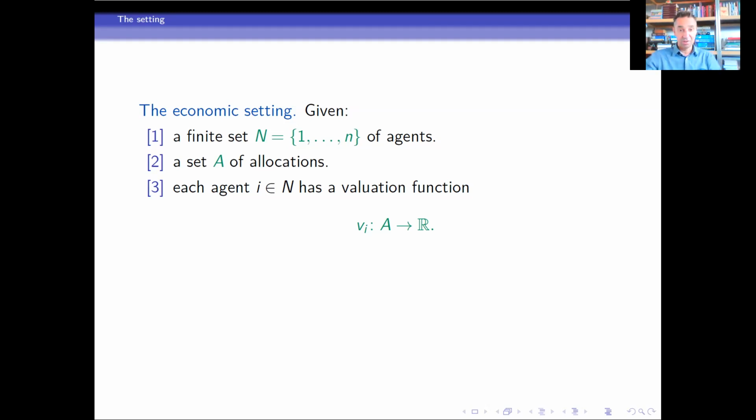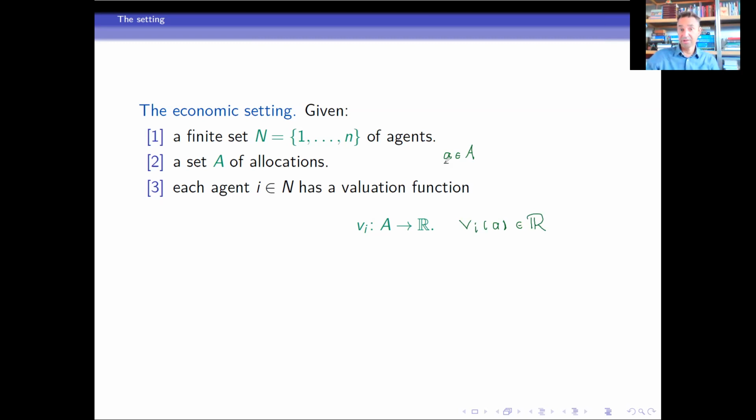So you have an allocation A in A, and then each agent is required to know how he would evaluate that specific way of allocating by assigning a value to it. So that's the v_i of A.